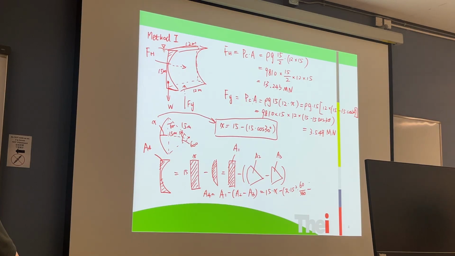It will be equal to 15 meters times 15 meters cosine 30 degrees and times 1 over 2. It will be like this.